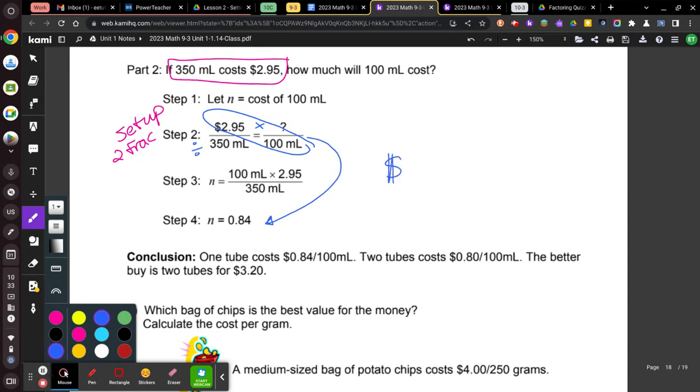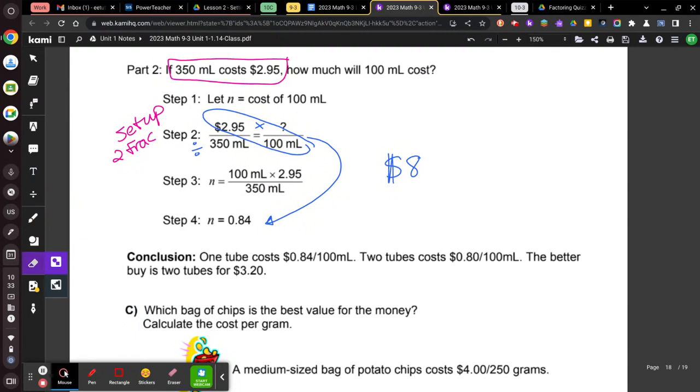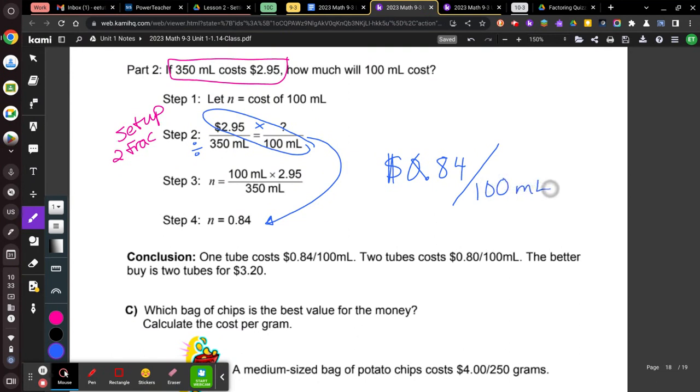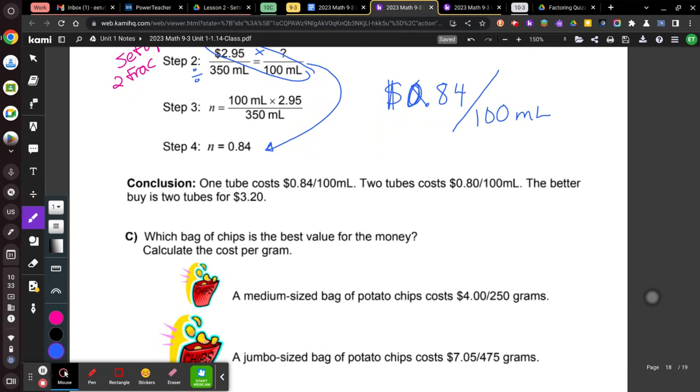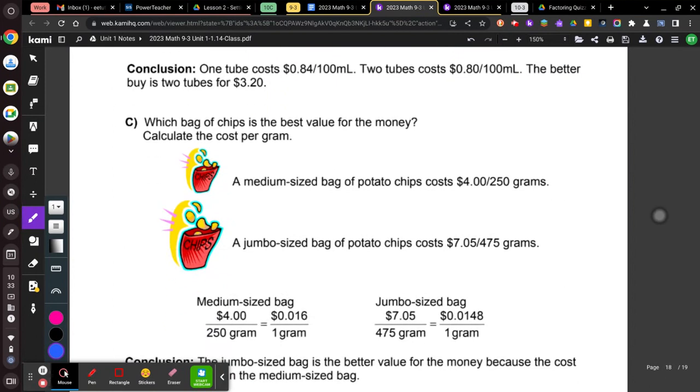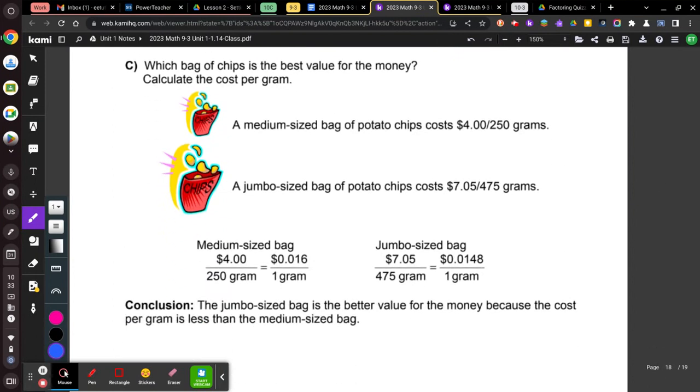That tells us that it's 84 cents. Whoops, I need my zero. $0.84 per 100 milliliters. That's what that's telling us. That's what one tube costs. Now we're talking about bags of chips. It says, which bag of chips is the best value? Two examples.